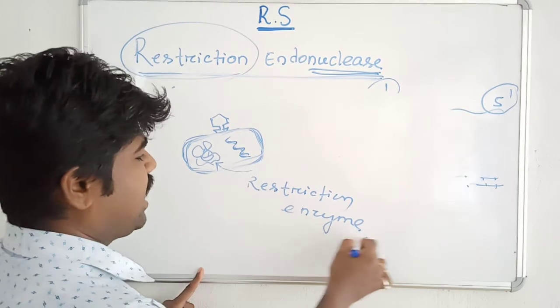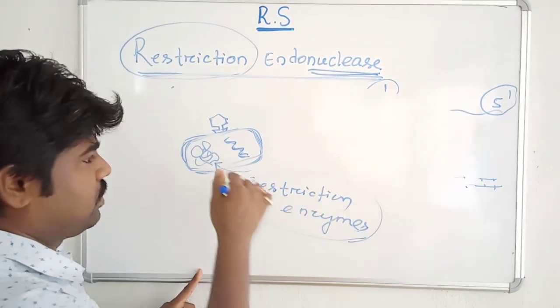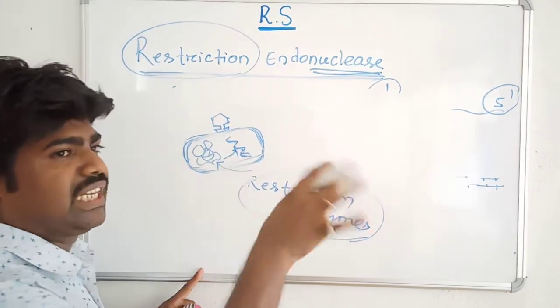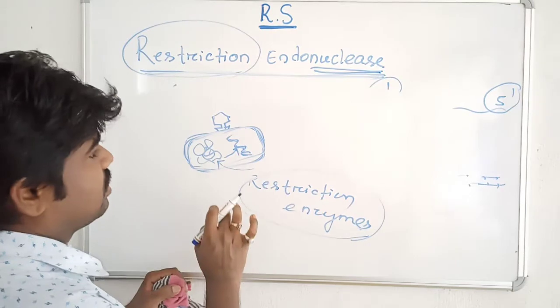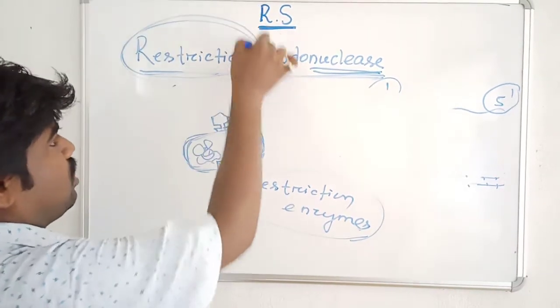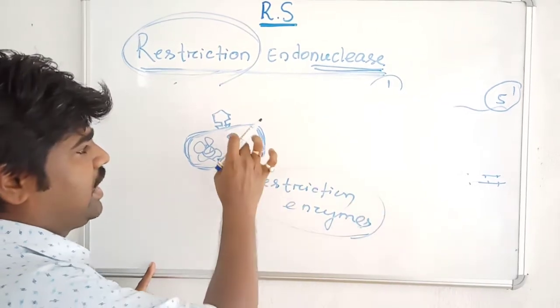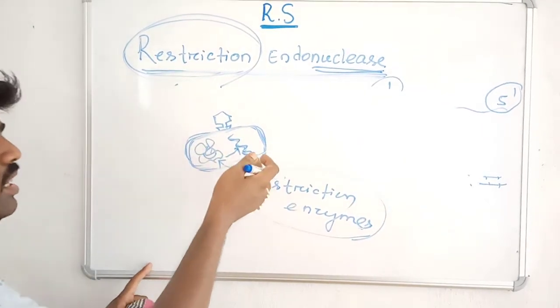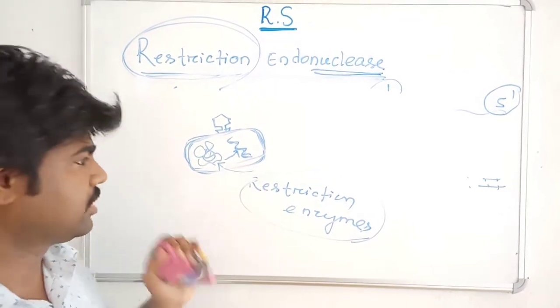These restriction enzymes restrict the growth of this harmful foreign genetic element. From this event, the term restriction comes, because they restrict, they do not allow the viral DNA to carry out any event inside the bacterial cell, right?